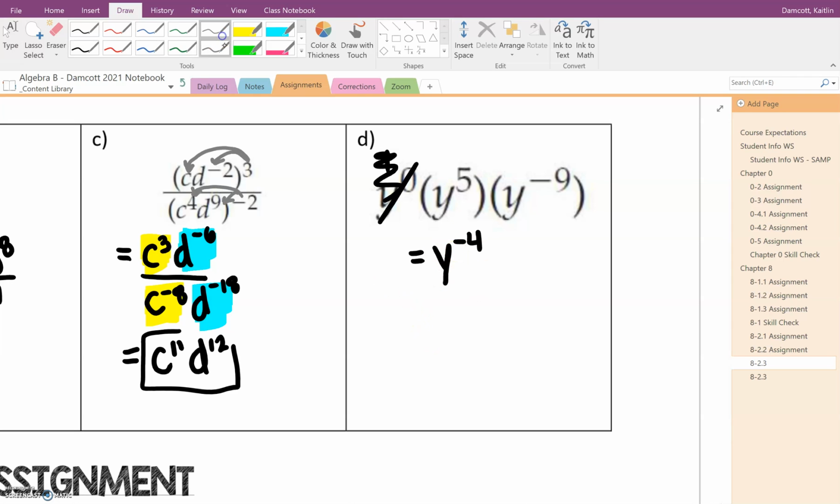So what's going to happen is we have to think about this being a fraction. And then because the y to the negative 4th is in the numerator of this, we're going to send it down to the bottom, make the exponent positive, and then we put a 1 on top just to hold the place. So this is our answer for part D.